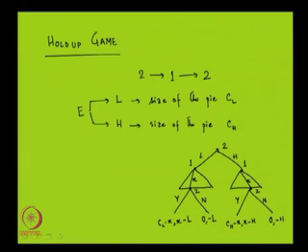So, this is how the game looks. In terms of the language of extensive games, there are two players, player 1 and 2. What are the terminal histories?